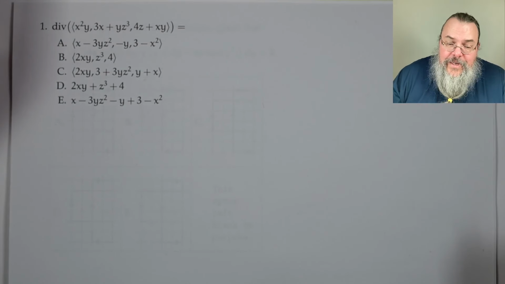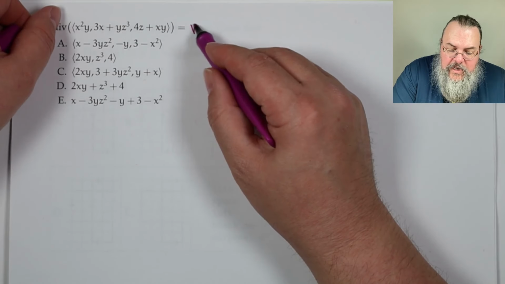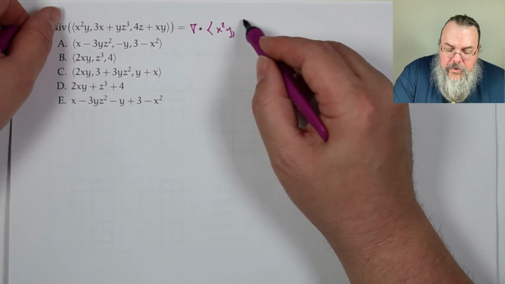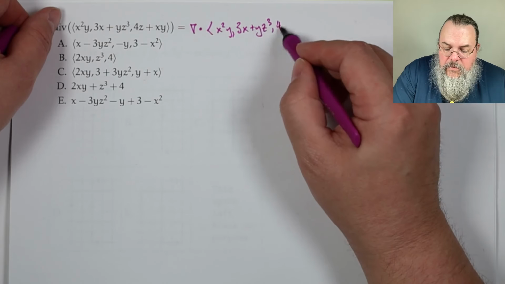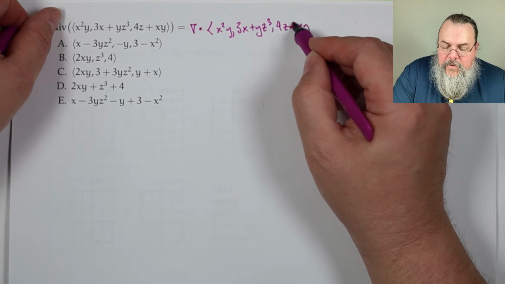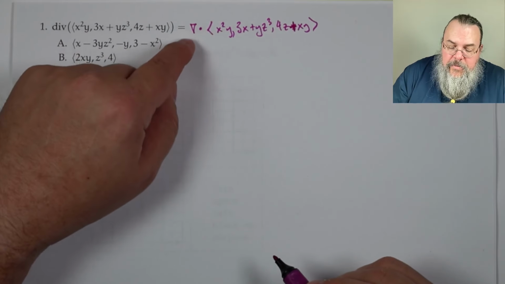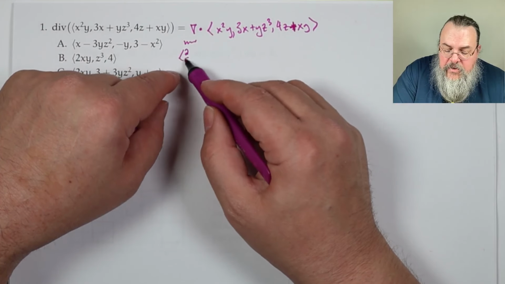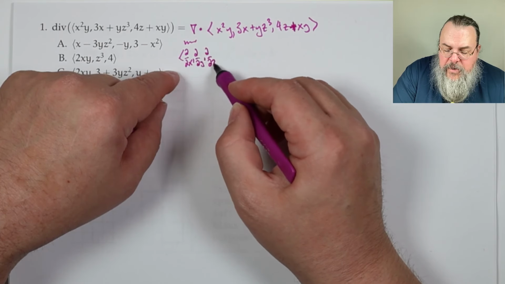Now, what is div? Well, one way you can say it is del dot our x squared y, 3x plus y z cubed, and 4z plus xy. And del, remember, is our collection of partial derivatives: partial x, partial y, partial z.